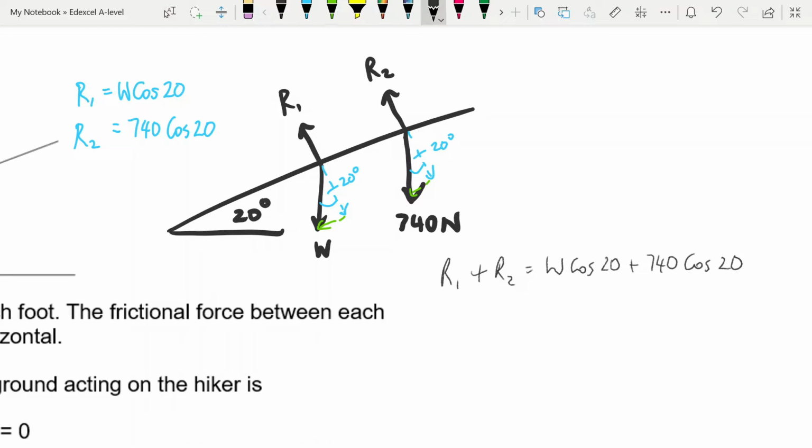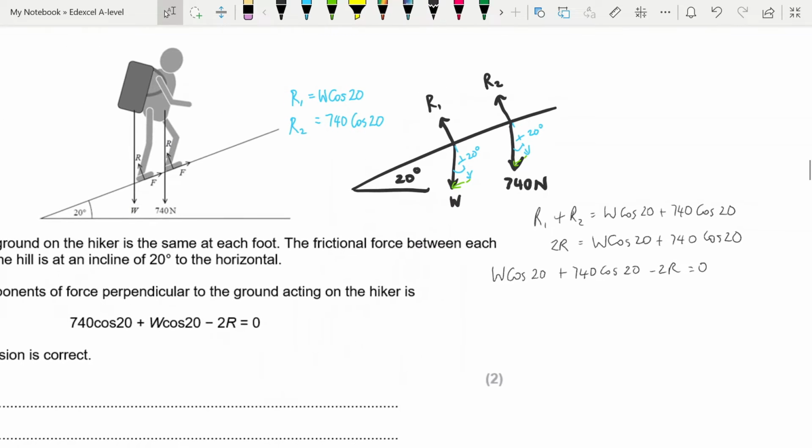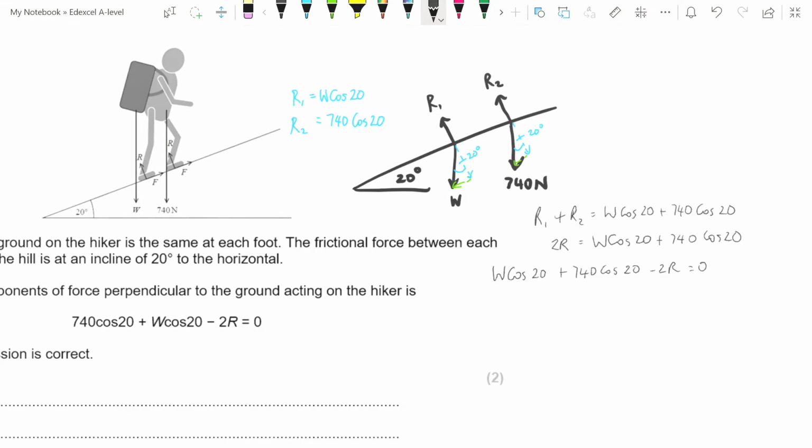So we can say, and if we rearrange that, we get W cos 20 plus 740 cos 20 minus 2R is equal to 0. And if we look back at the question, we will see that's exactly what they wanted us to show.